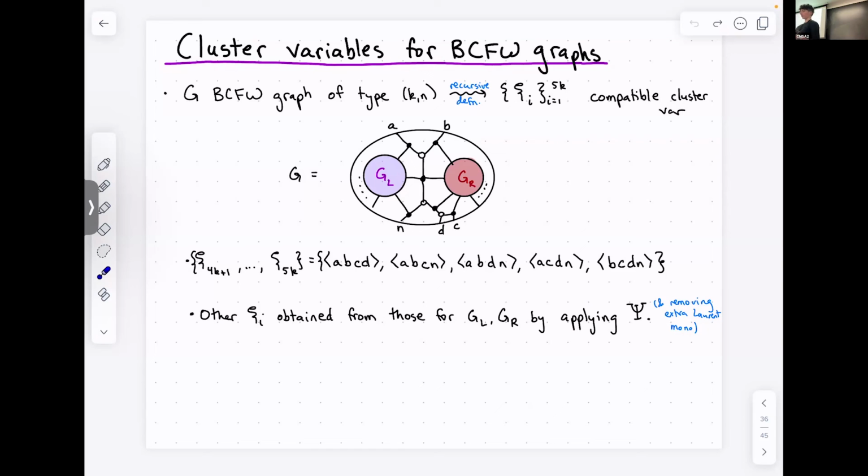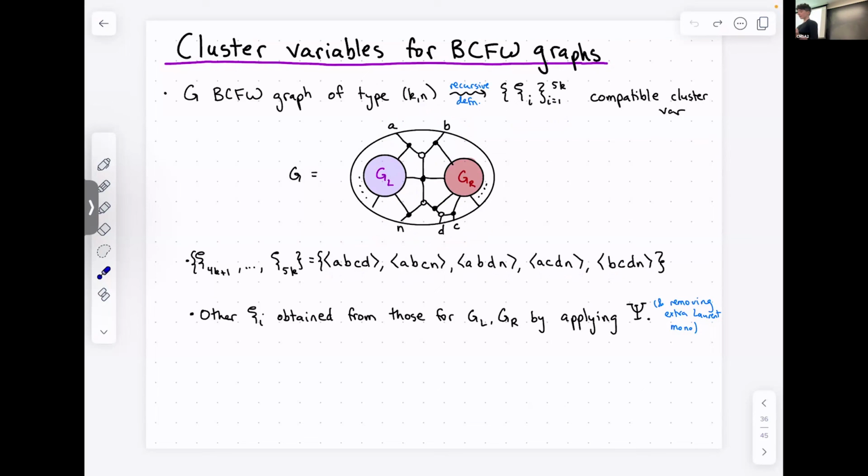I'm not going to give that much detail about what these are, I'll just give some examples. So 5 of these cluster variables are very easy to describe. If the last thing you did in your graph was this kind of product using indices A, B, C, D, and N, 5 of your cluster variables will be just the twistor coordinates using 4 out of the 5 indices. There are 5 of those.